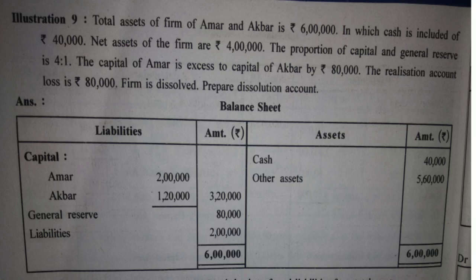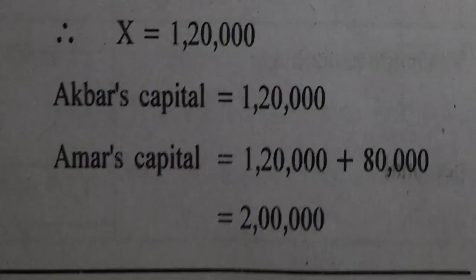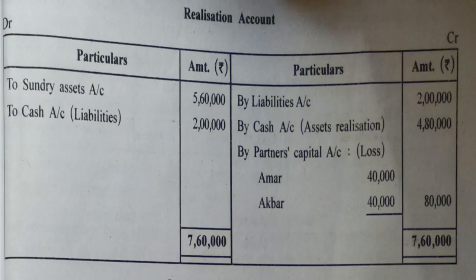So all the assets except for cash are to be closed and transferred to realization account. That is the reason we have considered assets as 5,60,000 and liabilities as 2 lakh. We have closed this and transferred to realization account.